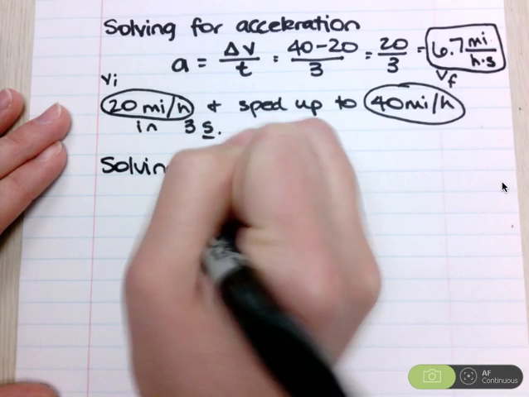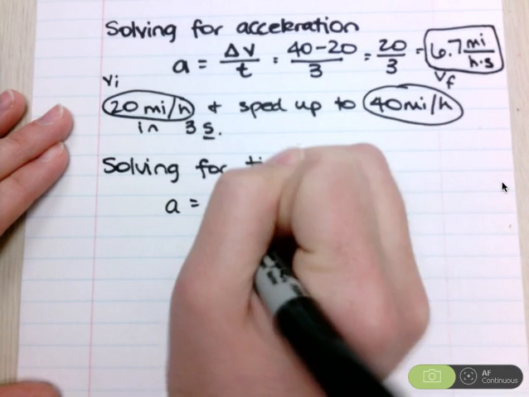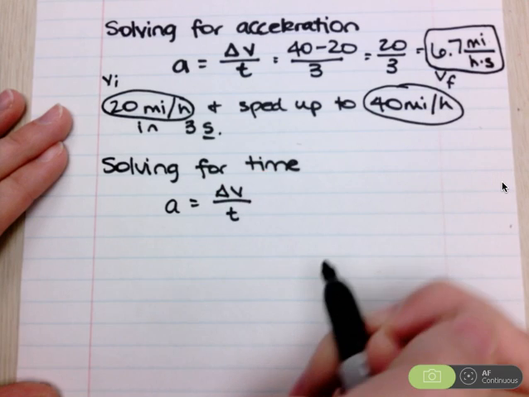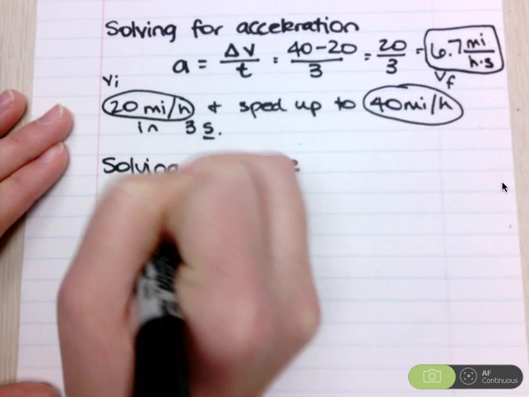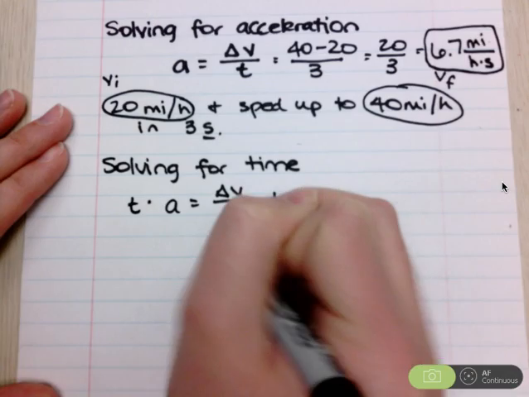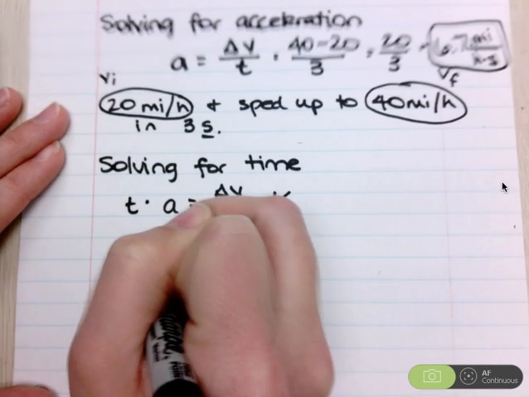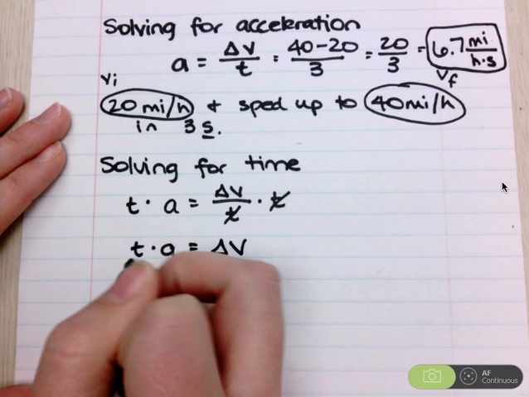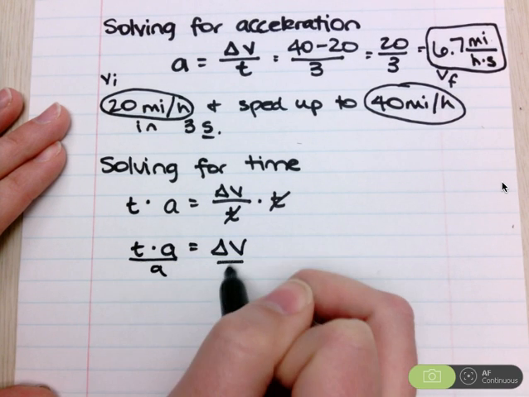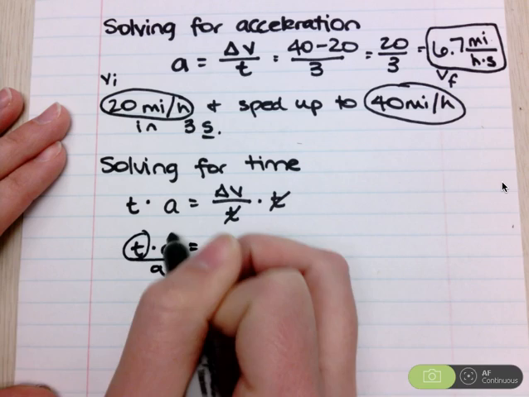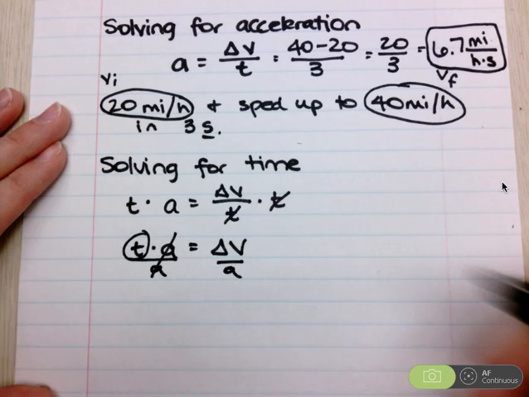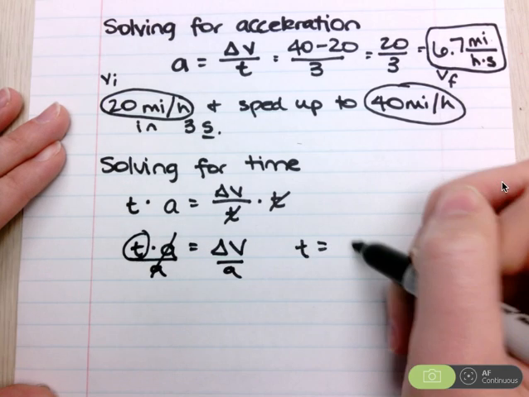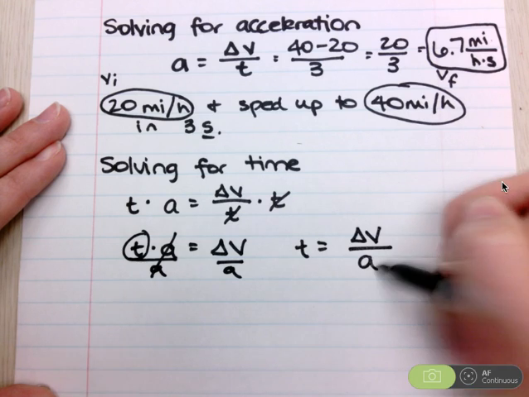So acceleration still equals delta V over T. To solve for time, I have to multiply by time on both sides to get rid of it. That gives me TA equals delta V. But then I'm going to have to divide by A on both sides so that I can get time by itself. So to solve for time, time is the change in velocity over acceleration.